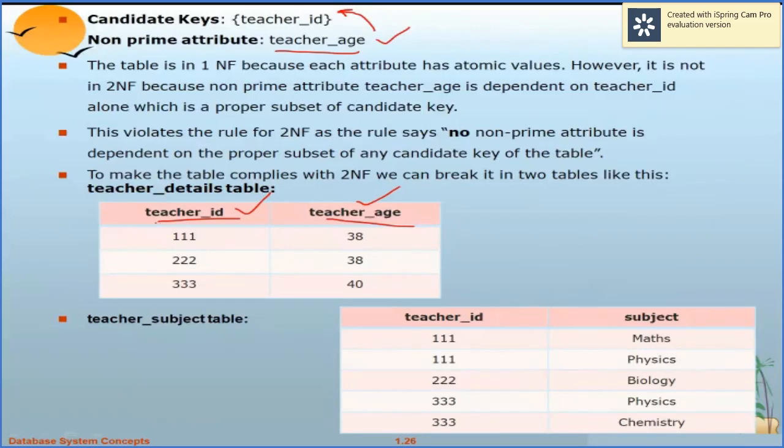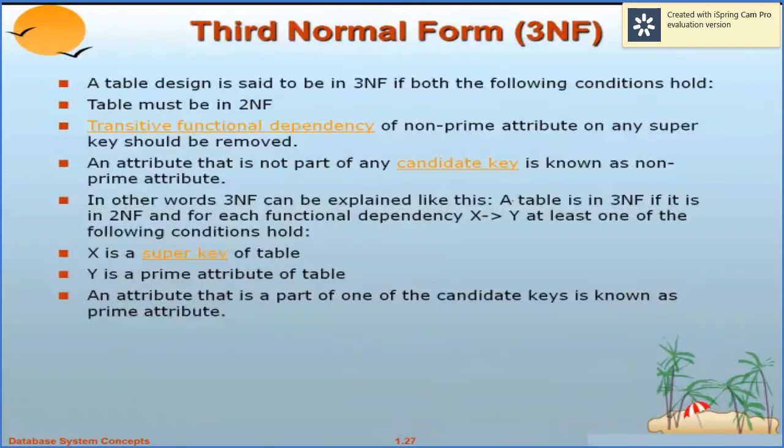Now, teacher ID is separate, so you need not segregate the candidate keys, because here you have only one key and you don't have any combination of keys for which you would check the dependency. Yes, we have split, and both the tables act independently, so you need not check for second normal form. It's already satisfied. So let's proceed to the third normal form condition.